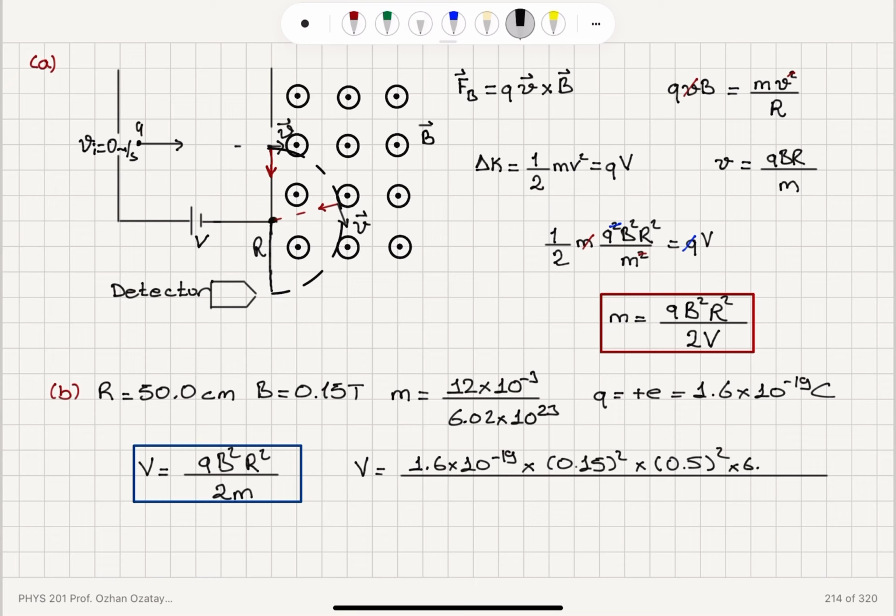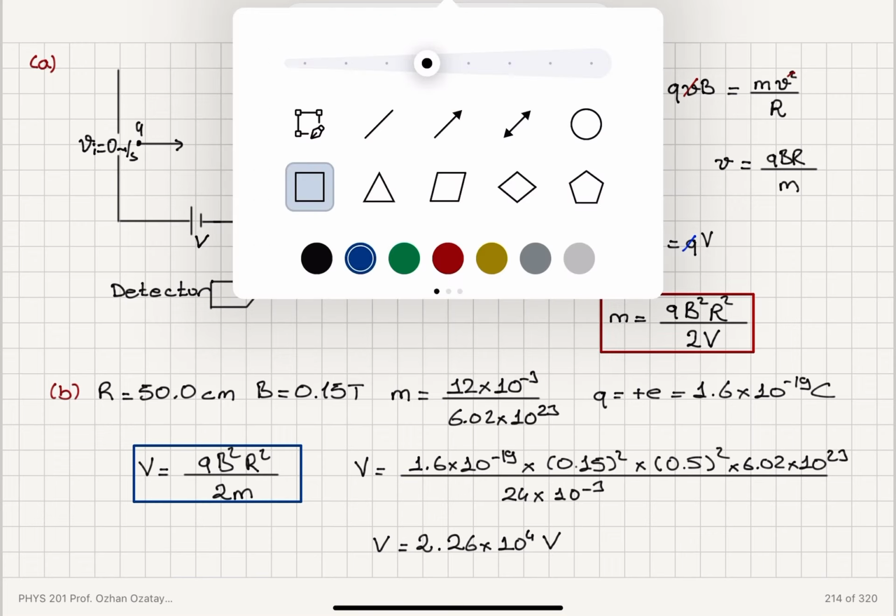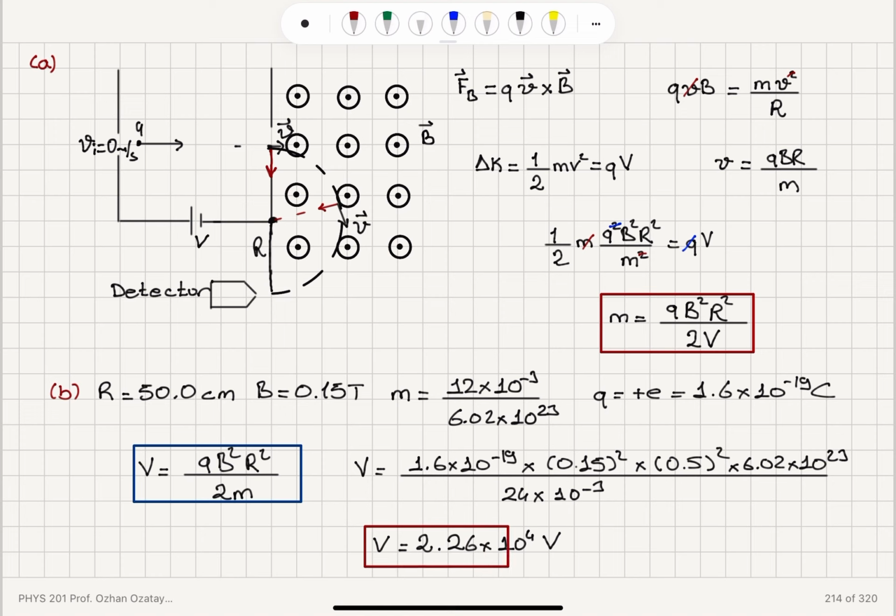So Avogadro's number goes upstairs, 6.02 times 10 to 23, and 24 times 10 to minus 3 kilograms. So the voltage we calculate here, the potential that has to be applied, is 2.26 times 10 to 4 volts or 22.6 kilovolts. That's the potential we will need to achieve this task.